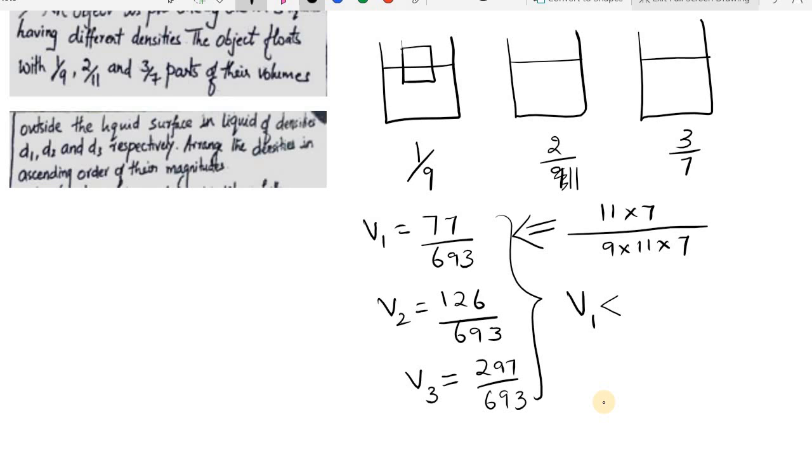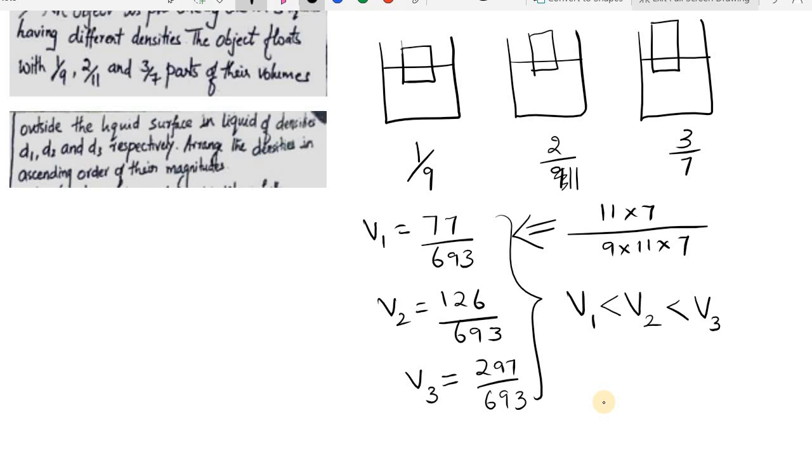So basically this clearly shows that in the first case the volume which is outside is less than the volume that is outside in the second case, which is less than the volume in the third case. So in the third case you'll find that the maximum volume is outside. If the maximum volume has to be outside, then that means that there is a lot of upthrust in the third case.